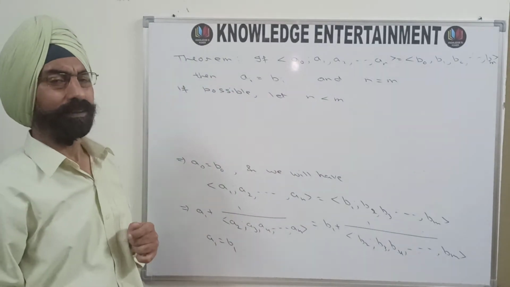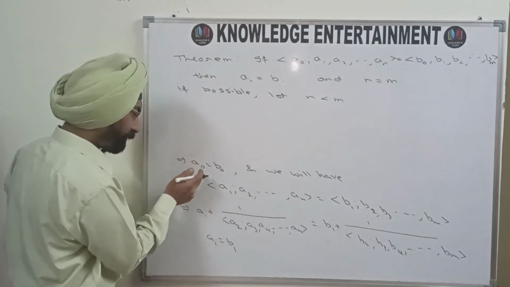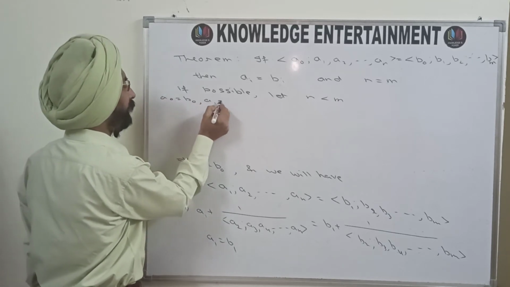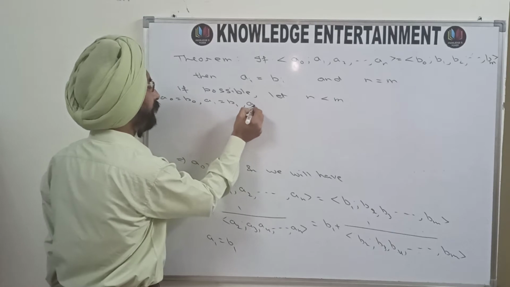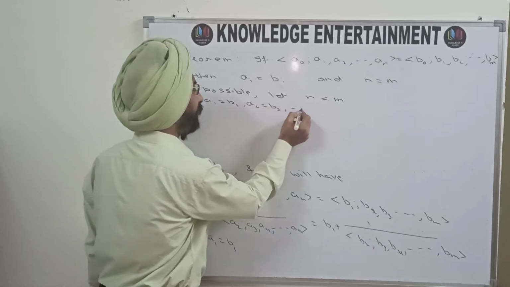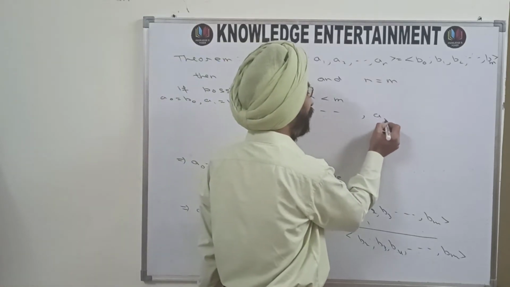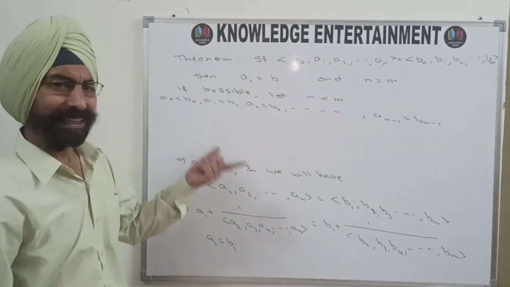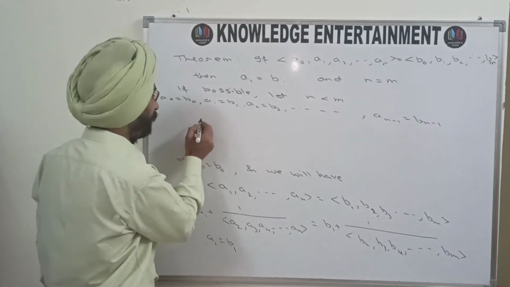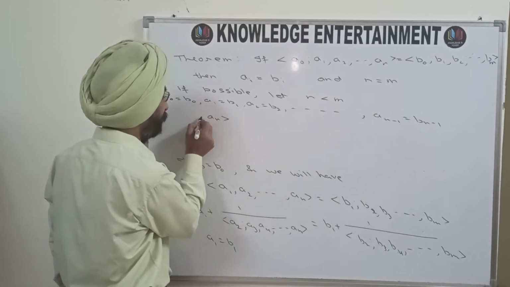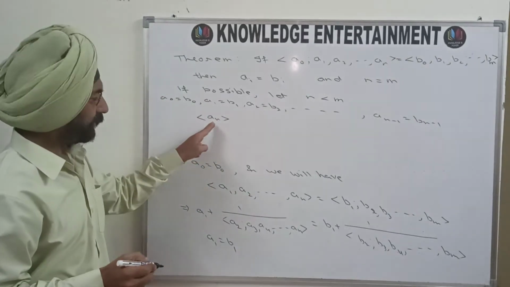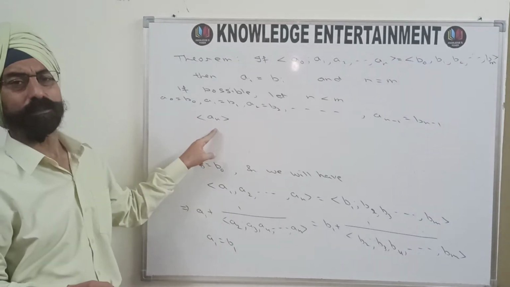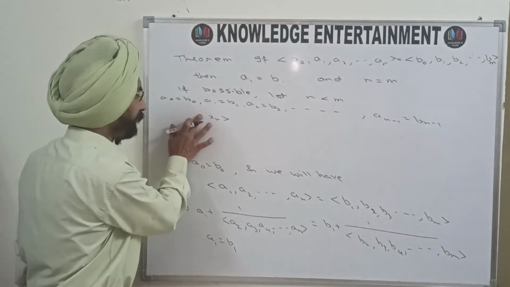What will happen? You have just proved that a0 is equal to b0, a1 is equal to b1, a2 is equal to b2, and so on up to a(n-1) is equal to b(n-1). And then you will get an. In fact, an is an integer, so either you write it as a simple continued fraction, or you can simply write an.